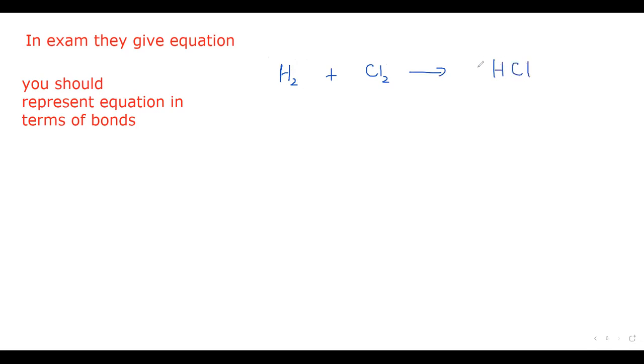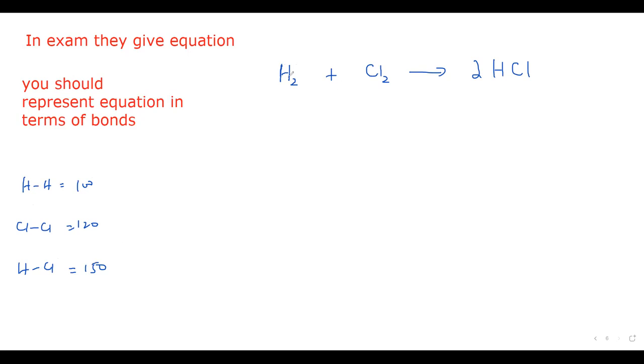This is how in the exam they give you the question. They provide the bond energies, but they give you the equation. So hydrogen-hydrogen bond energy, for example, is 100, chlorine-chlorine bond energy is 120, and hydrogen chloride bond energy, for example, 150. So you should represent the equation in terms of bonds.